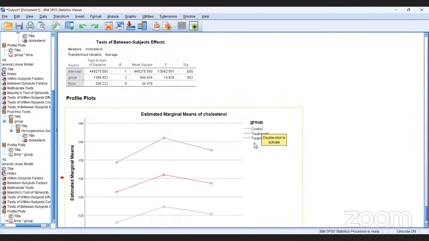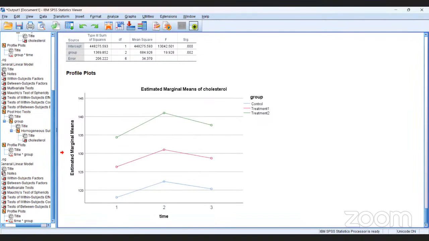You have noted that is the cholesterol level from lower to upper, and after that upper to lower. And this result is significant. So this is the three periods, 1, 2, 3.